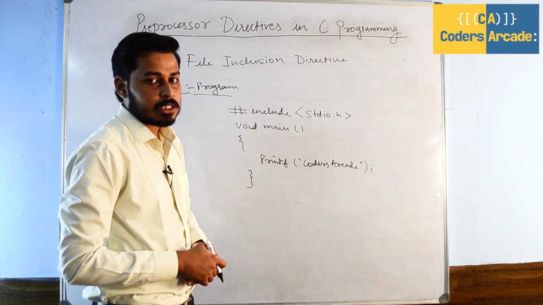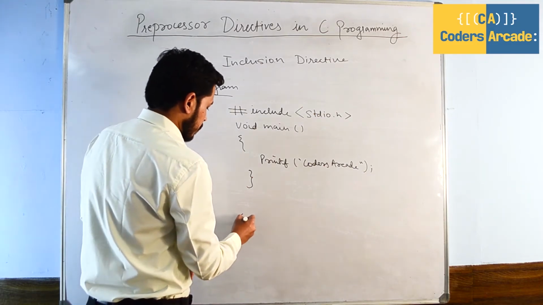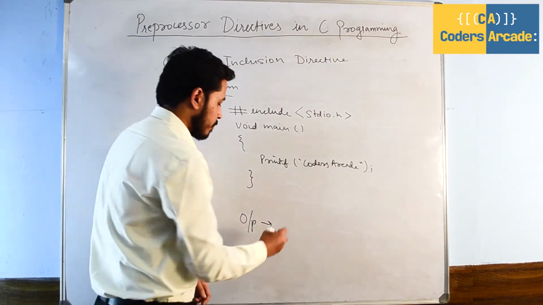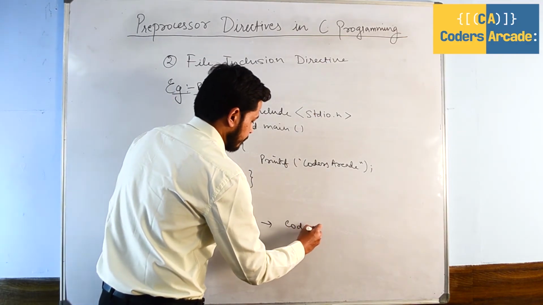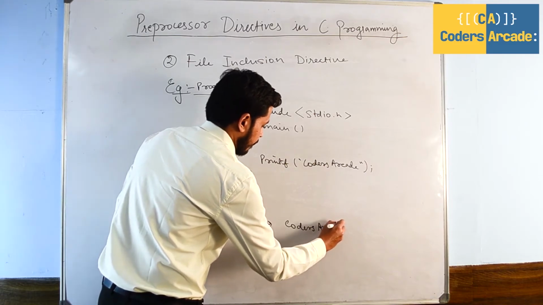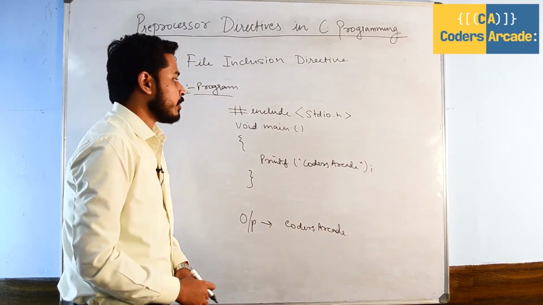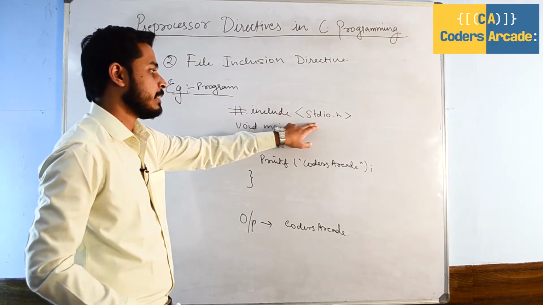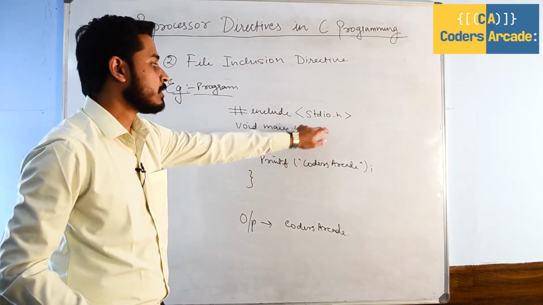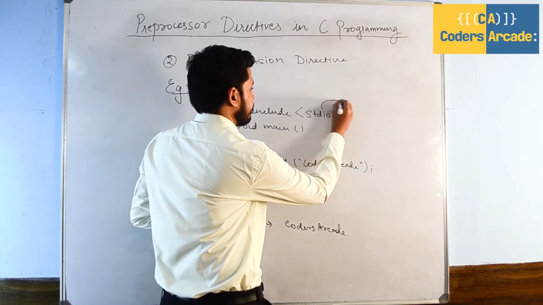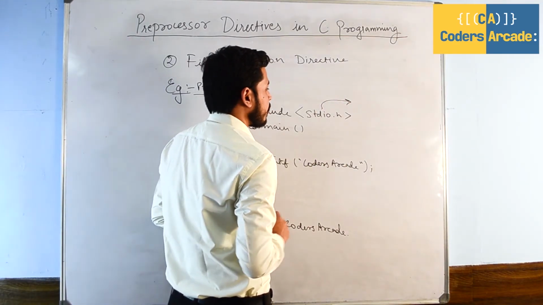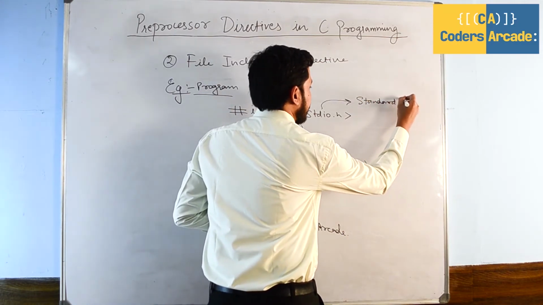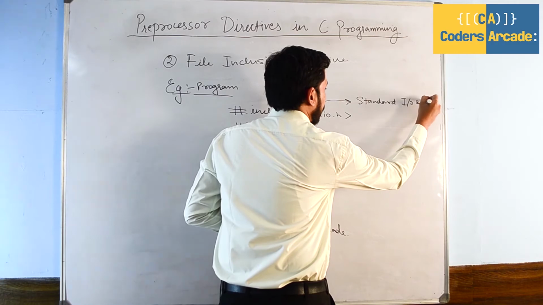So can you tell me what is the output for this? Output will be Coders Arcade. So here in this case, we are including this file, stdio.h. What is this stdio.h? This stdio.h is nothing but standard input and output file.